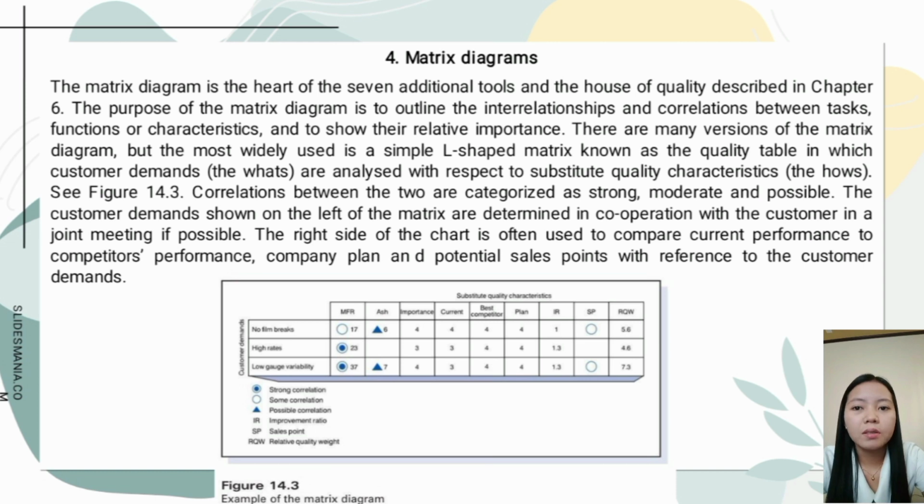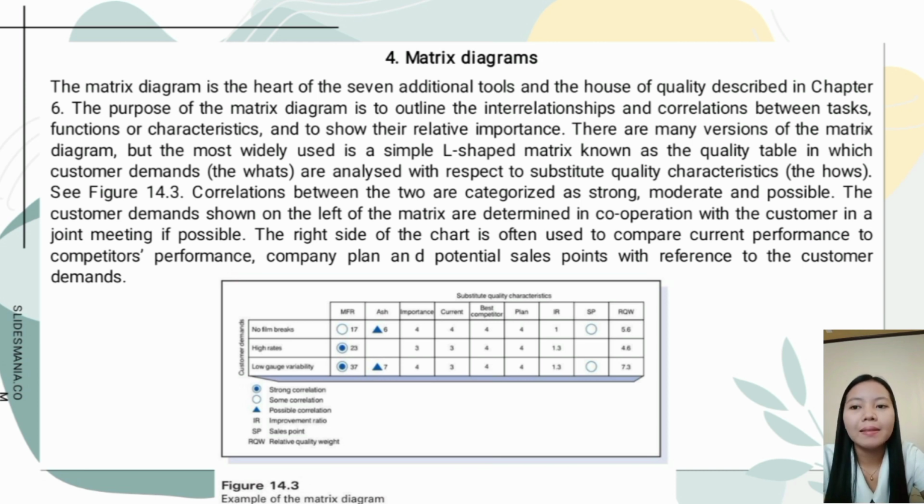There are many versions of the matrix diagram, but the most widely used is a simple L-shaped matrix known as the quality table, in which customer demands, or the what's, are analyzed with respect to substitute quality characteristics that show in the figure 14.3. Correlation between the two are categorized as strong, moderate, and possible.